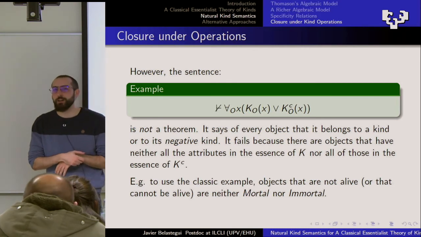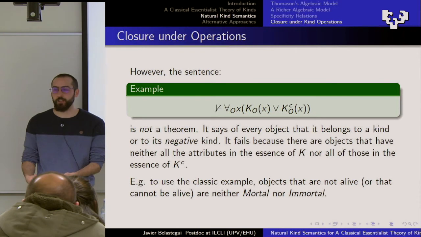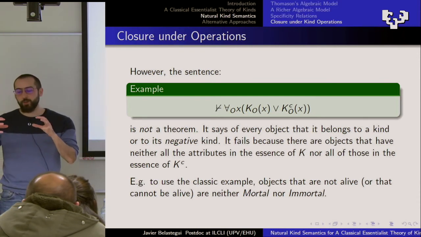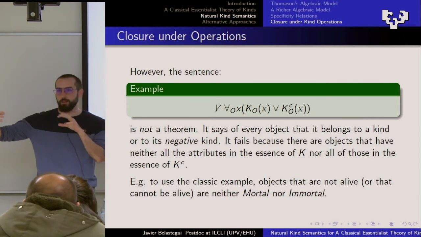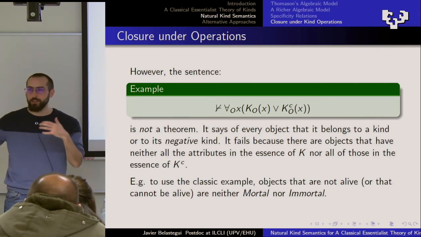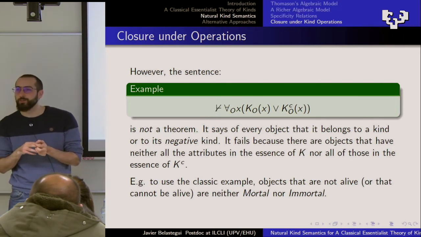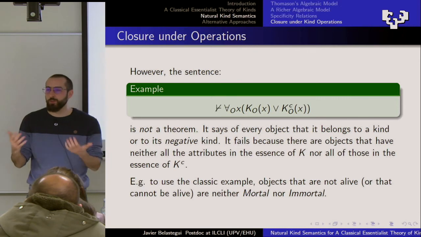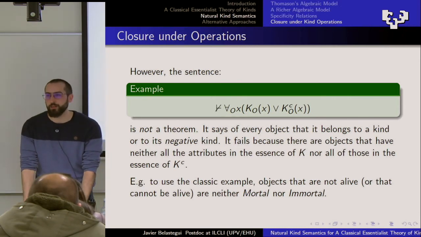Someone can be a buyer and a seller at the same time. There's a sense in which buyers and sellers are opposite in some way. So seller is in some sense the negation of buyer, but some things can belong to both kinds. That would be an example of that.